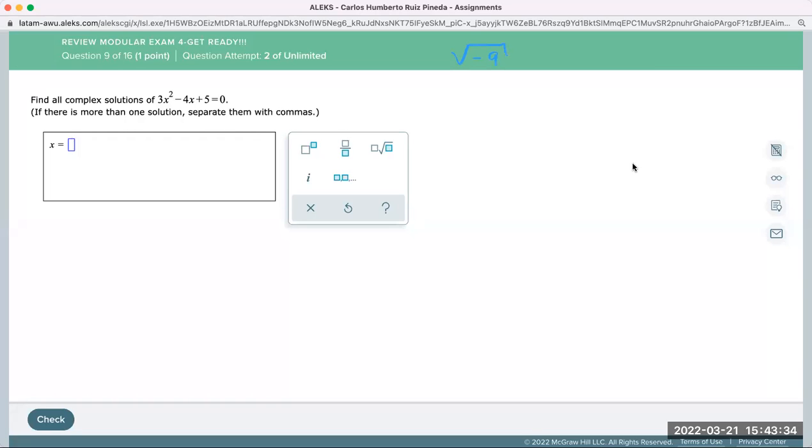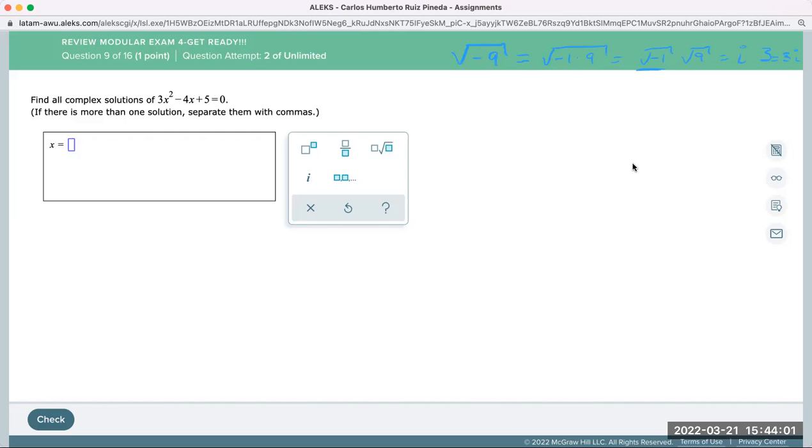So here is where we need to factor the negative, right? Square root of -1 times square root of 9. The square root of -1 is actually i, and square root of 9 is 3, so we get 3i. So when we are in a case where there are square roots of negative numbers, we need to talk about imaginary numbers.